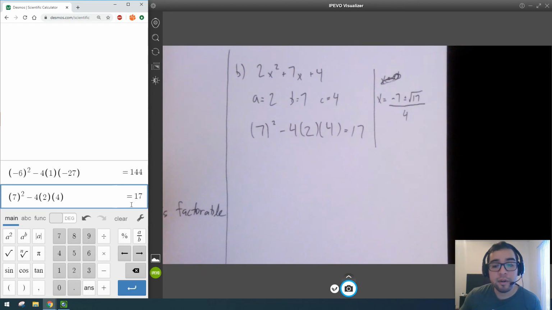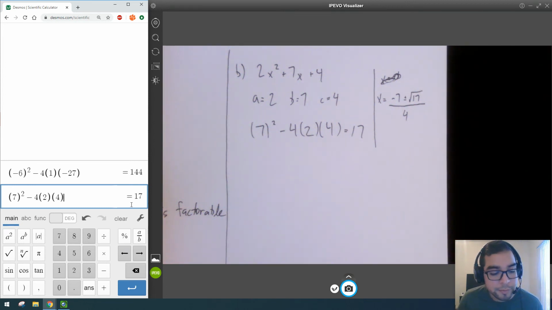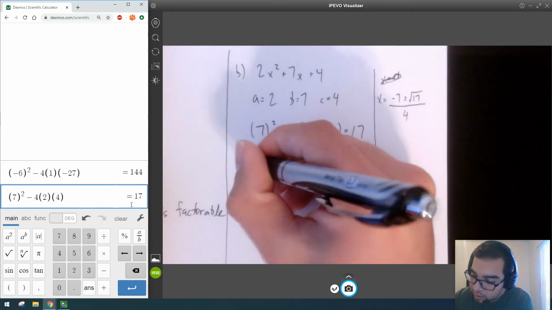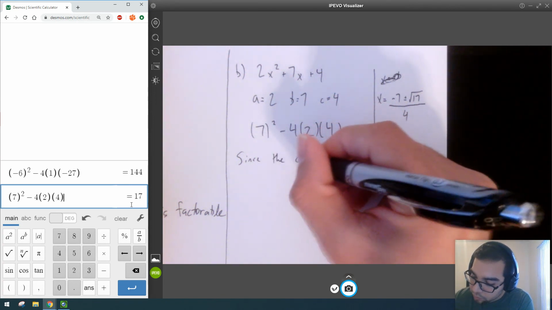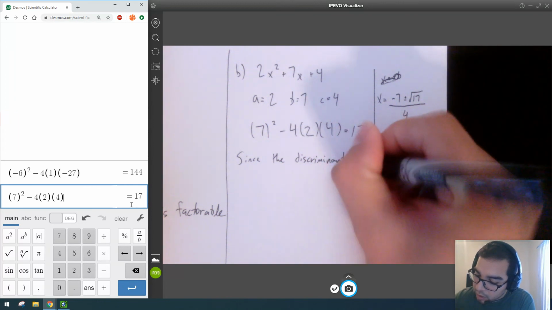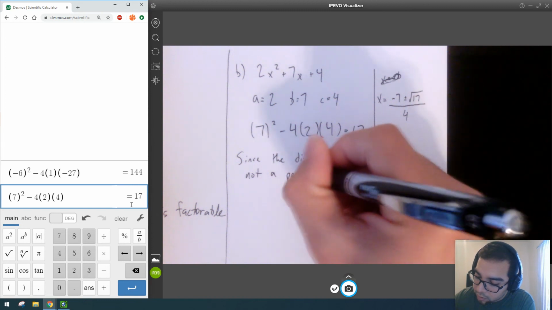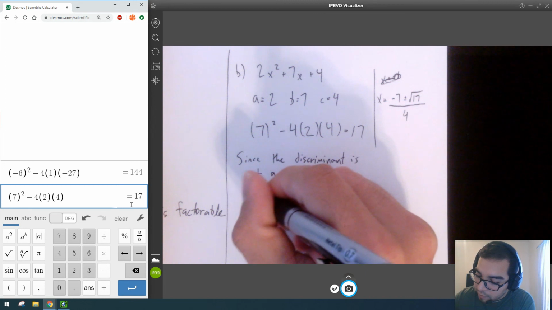So this won't give me an actual root, and so we won't be able to factor this. In this case, I would use the quadratic formula to solve it. So since the discriminant is not a perfect square, this quadratic is not factorable.